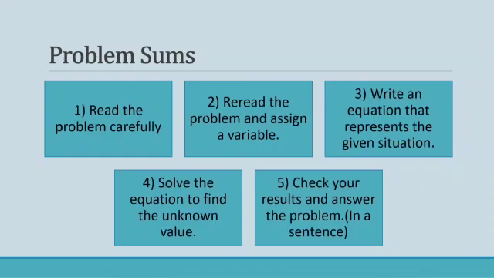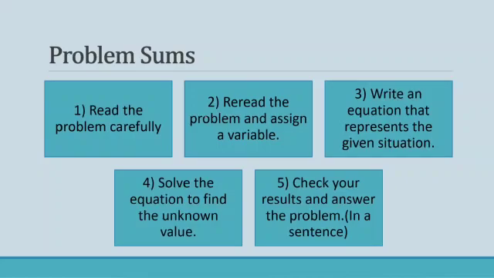Second, reread the problem and now assign a variable. So after rereading, you need to decide which value is to be assigned a variable. Suppose the age of son and father is given, then which age will you take as the variable, whether father's age or son's age, that you have to decide.